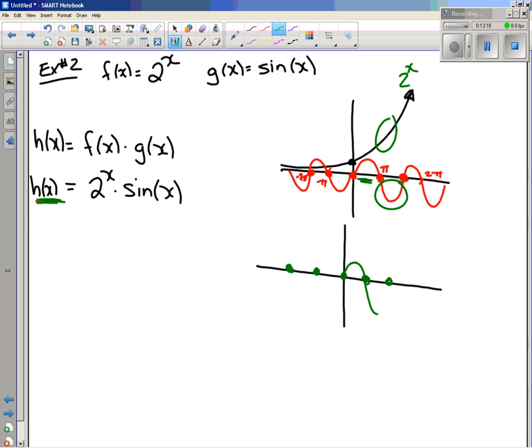And because our 2 to the x keeps growing and our sine curve keeps having these regular intervals, the size of our jump from our x-axis is going to keep getting bigger the farther we go out.